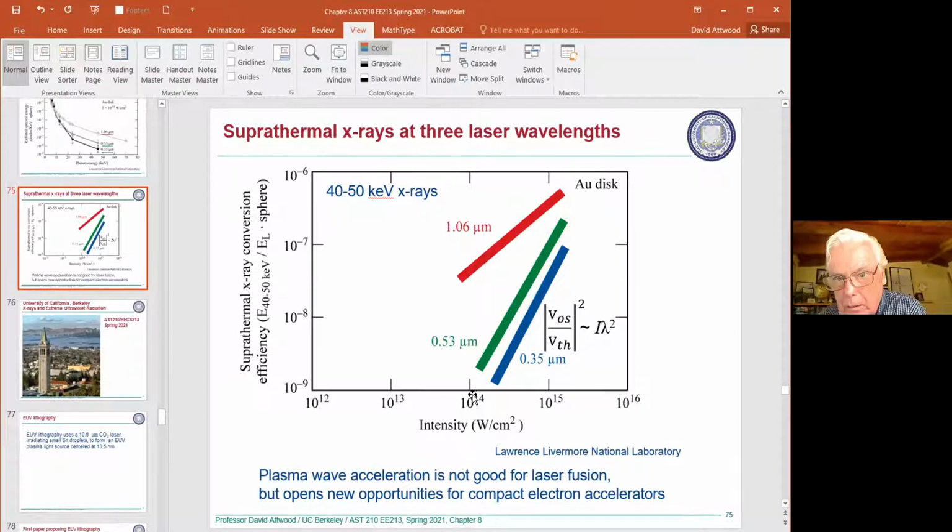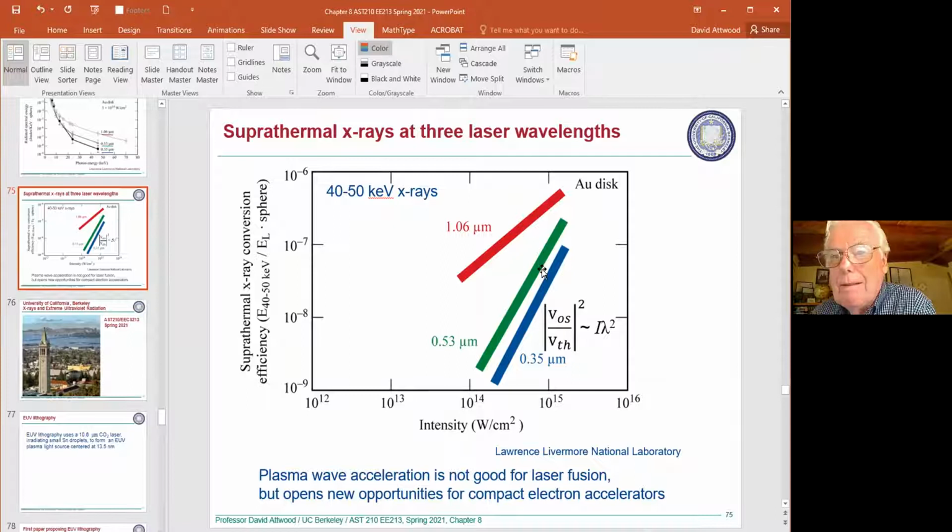And so you can see when you're down around 10^14, you still have some issue with the driving 1 micron radiation, but it's really going very, very small when you double and triple. But when you get up to 10^15, you save yourself an order of magnitude, but at 10^15, you still have a problem.